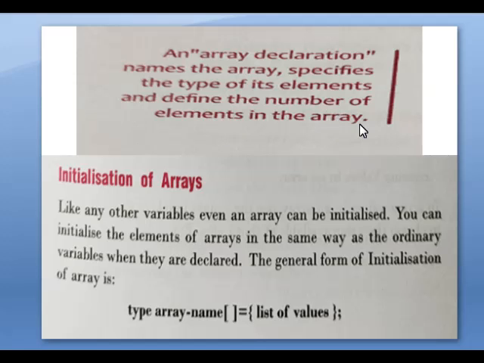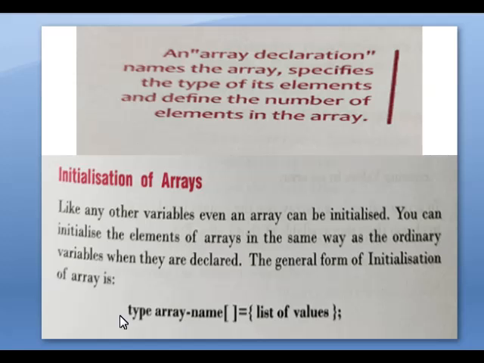Now we are going to see how to initialize an array. Like any other variables, even an array can be initialized. You can initialize the elements of arrays in the same way as ordinary variables when they are declared. The general form of initialization of an array is like this: type, array name. Type means data type.